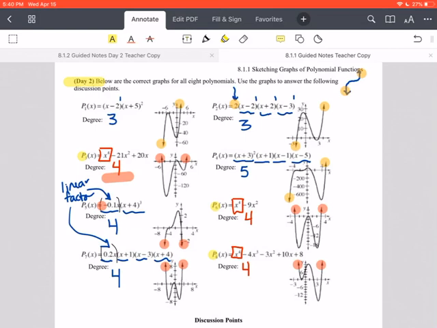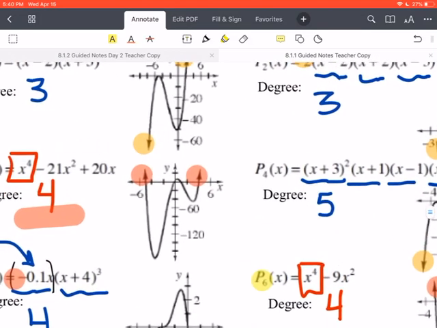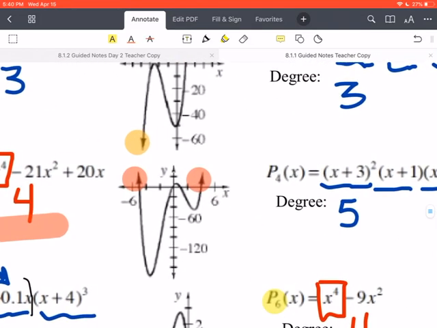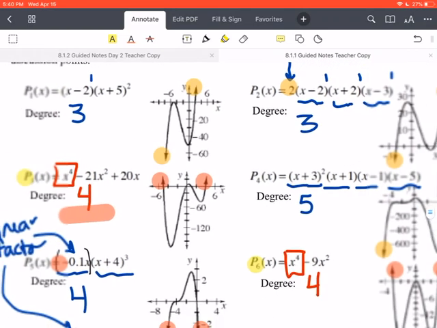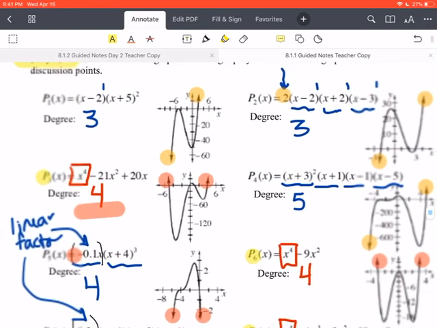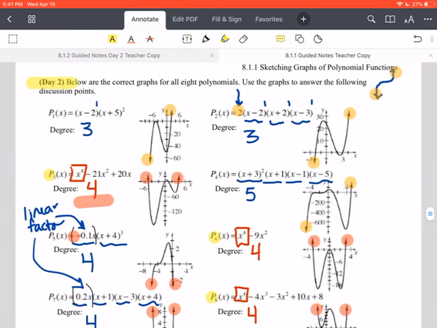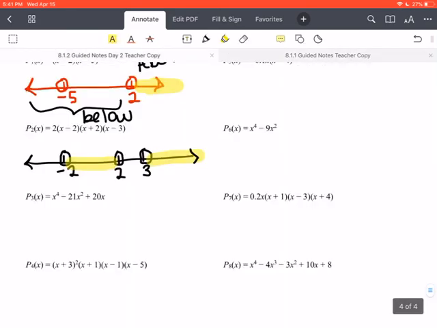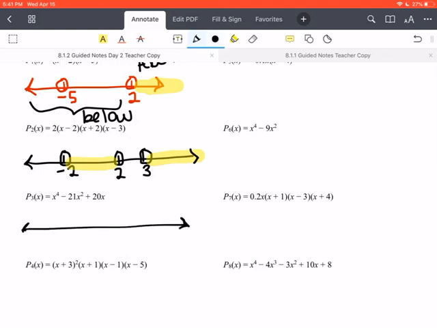Let's see here, let's zoom in, about -5, 0, we'll say maybe 1, and 4. So we have -5, 0, 1, and 4.